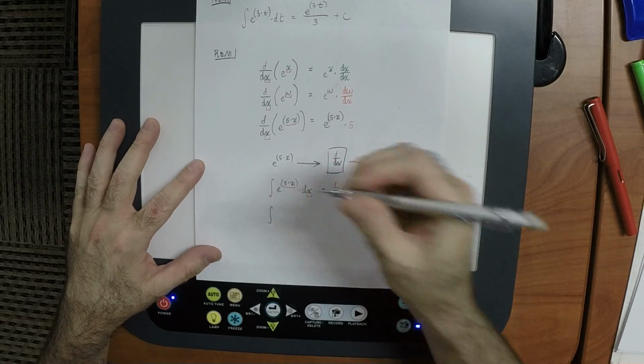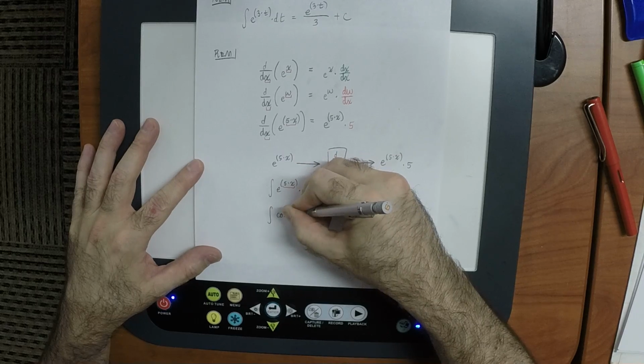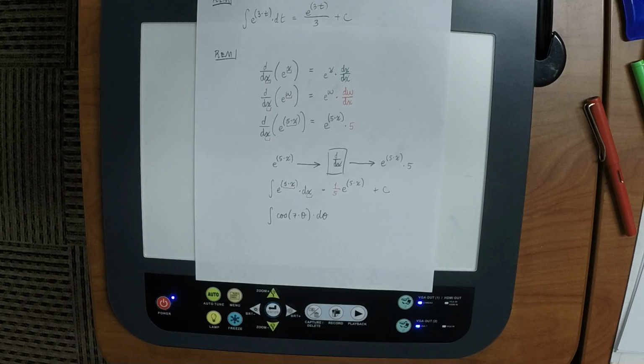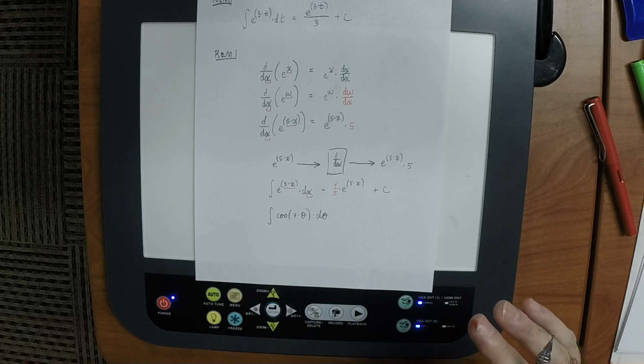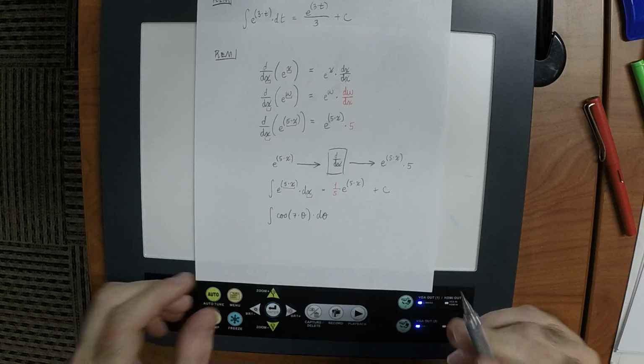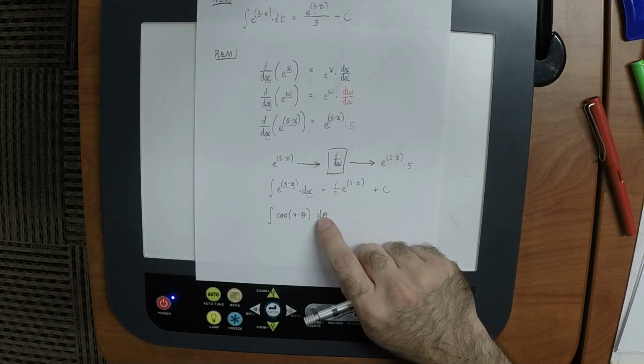I'll say it like this. What if it was like cosine of, say, 7 theta, d theta, if you wanted to do this? So in the first place, what is the antiderivative of cosine of x dx? Sine of x. Now, are those two the same thing? Is theta the same thing as 7 theta?